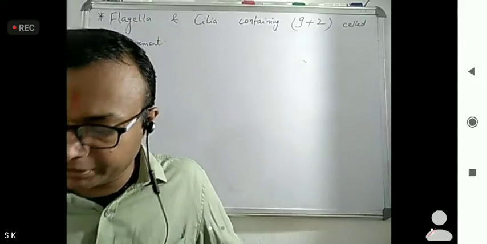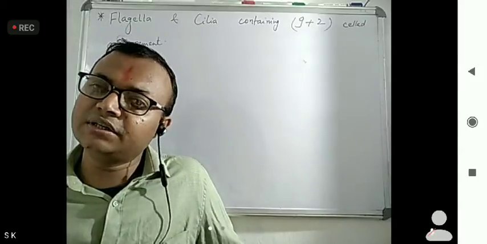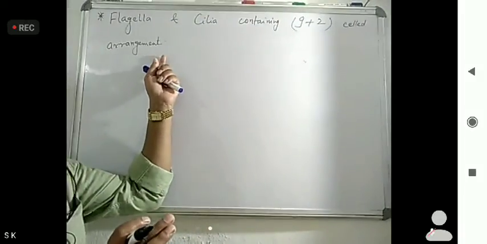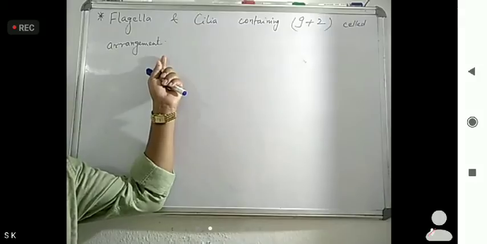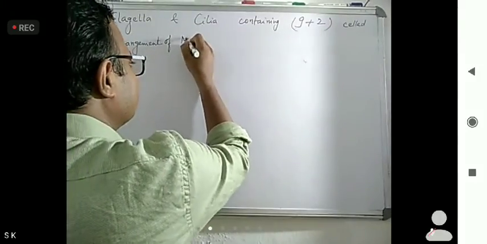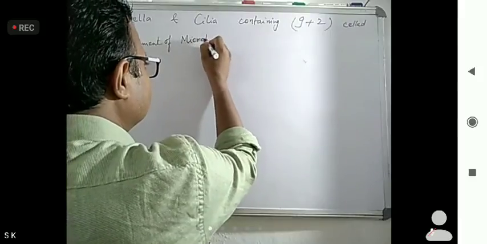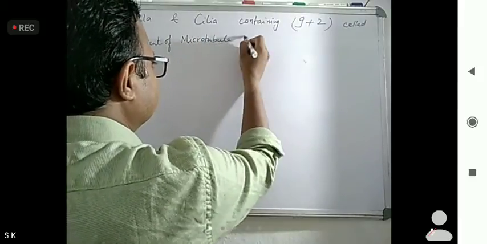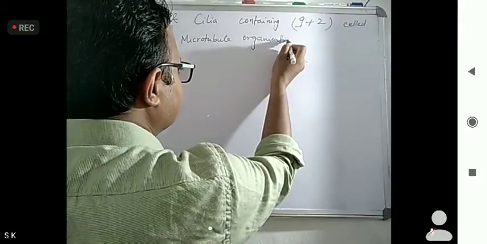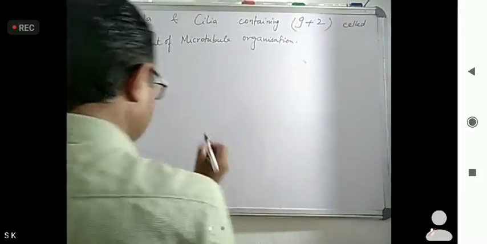So the 9+2 pattern of arrangement is there, or what we can say, 9+2 arrangement of microtubule organization.